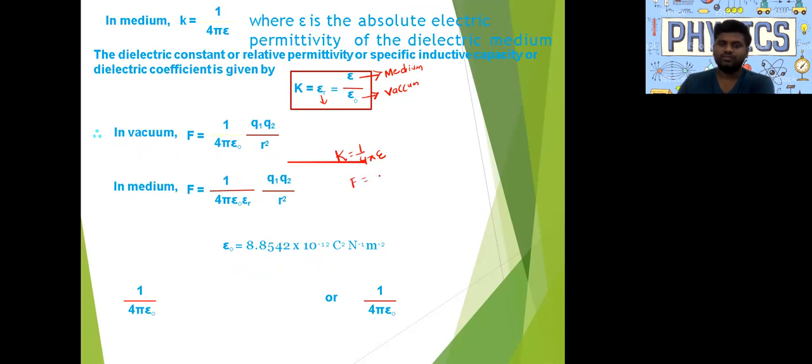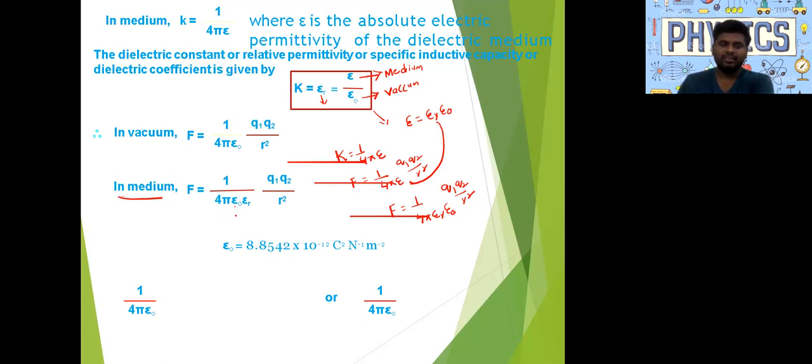Then force is equal to 1 by 4 pi epsilon Q1 Q2 by R square. From the relation, epsilon is equal to epsilon R into epsilon naught. We substitute here, and our force is equal to 1 by 4 pi epsilon R into epsilon naught Q1 Q2 by R square. This is our force in medium.